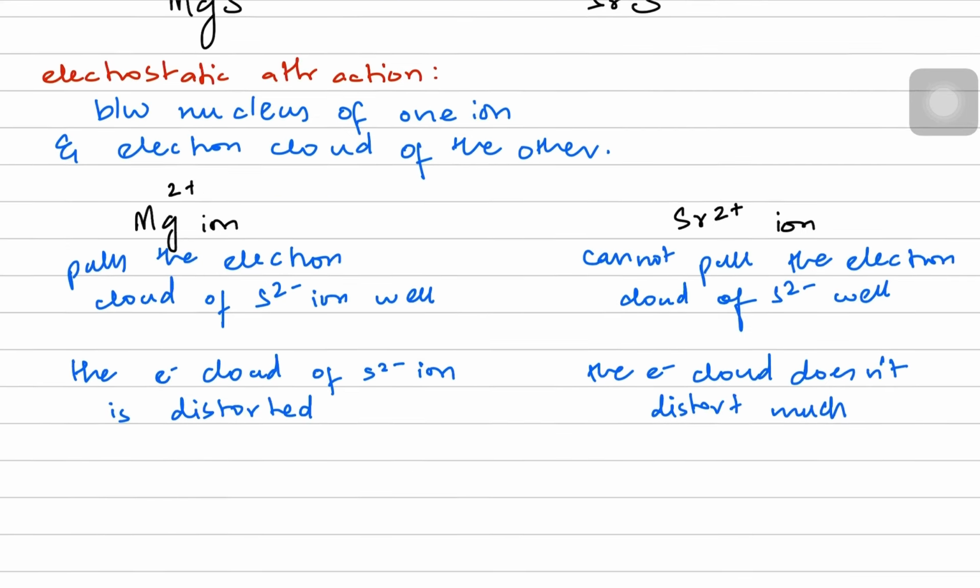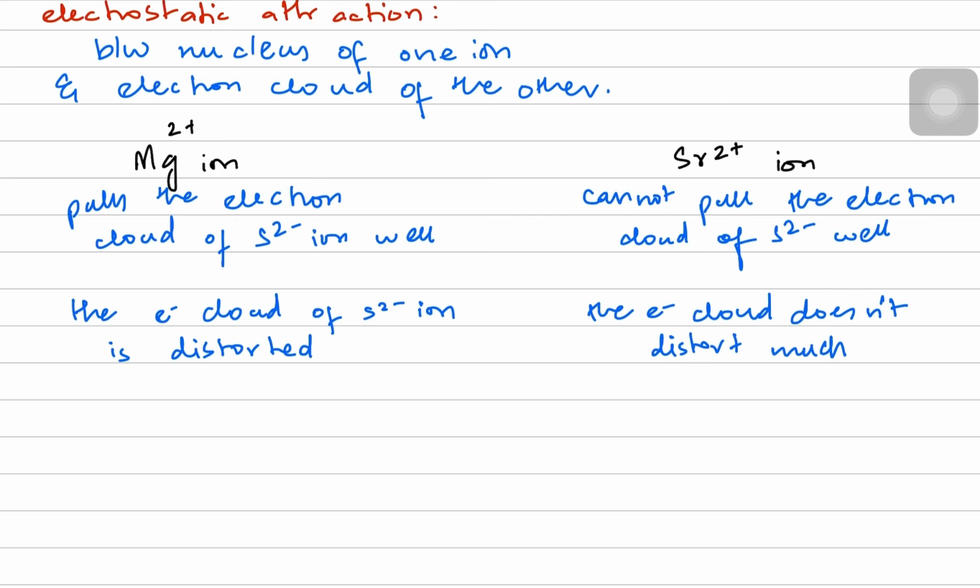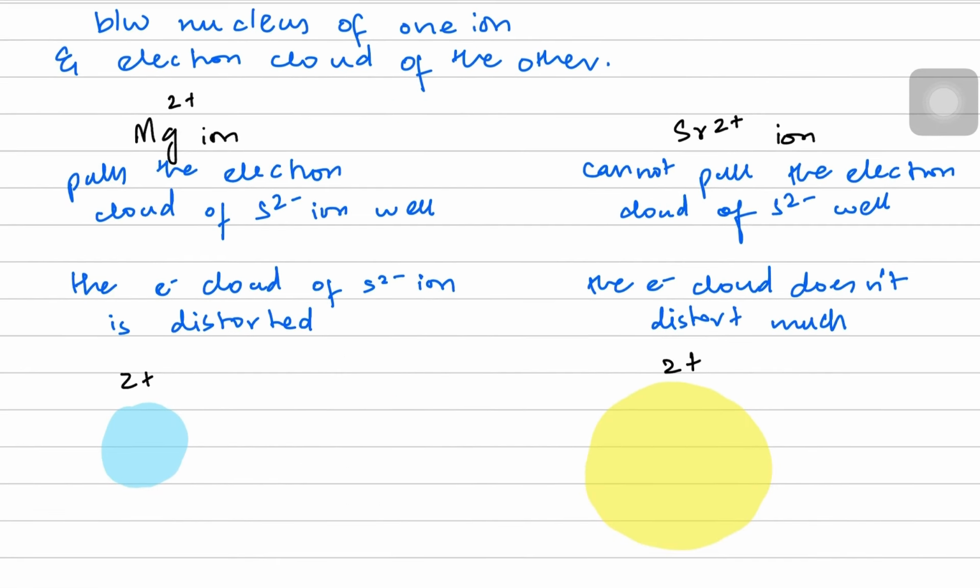Now let me draw what it looks like. Remember, this was our magnesium and this was our strontium. This was +2 magnesium, this was +2 strontium. The sulfide was immensely distorted because of the effect of the magnesium ion. It looks like this. But in the case of strontium sulfide, it normally looks like this.